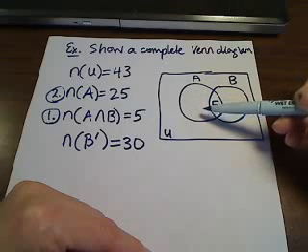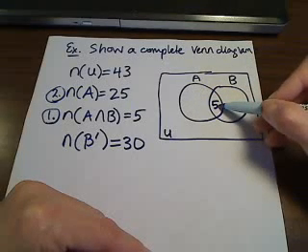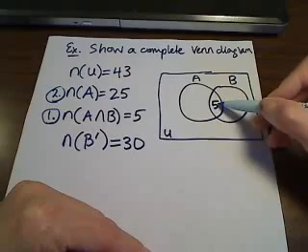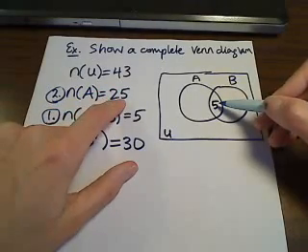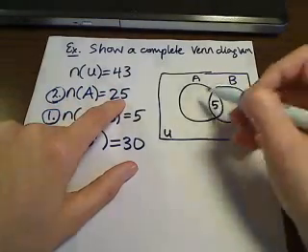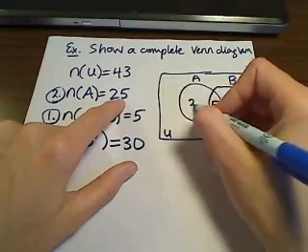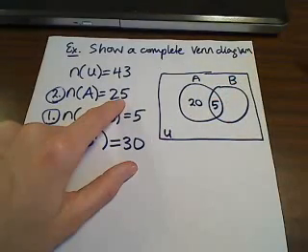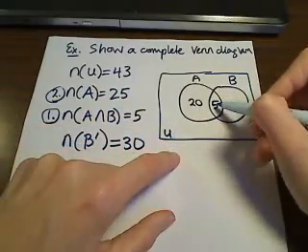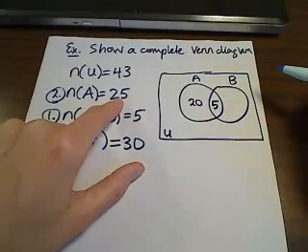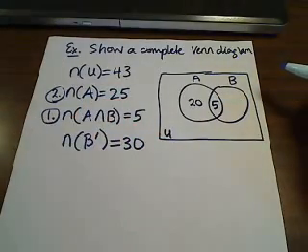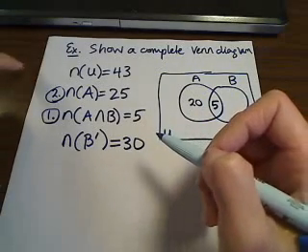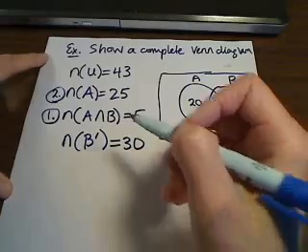I can see that I already have 5 elements in this portion of A. And if I'm supposed to have 25 elements total, then that tells me that this region right here has to have 20 elements in it. So if I took this plus this, then I would get that 25.